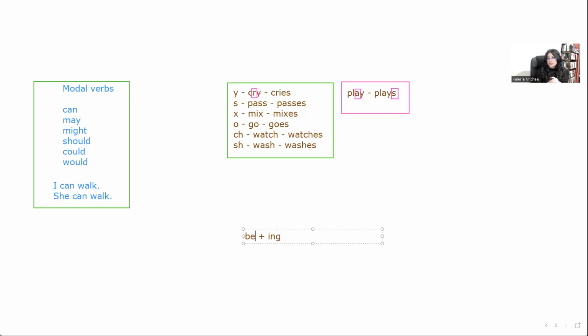Whereas in the present simple, we have quite a few rules. The S at the end of the verb when it's affirmative. We also get the do or does, don't or doesn't rules. There are more things to keep an eye on when you are using the present simple.